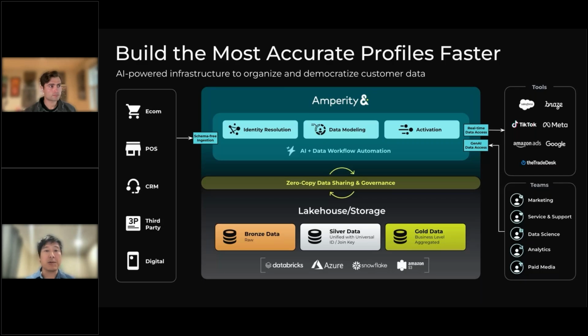Then we can make your customer 360 available for real-time decisioning and also automate sending targeted audiences to any destination in the right format, including The Trade Desk and Meta, just to name a few. We also provide assistance through generative AI to help teams explore data on their own. You're going to see a lot of this in the demo that Daniel's going to do.